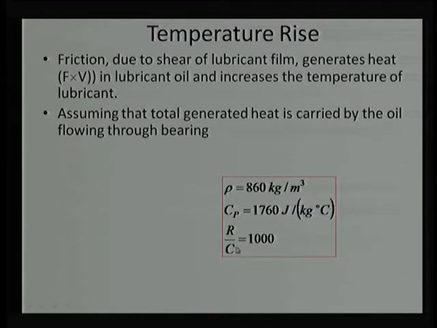Another thing we have to use is the Petrov equation. We are assuming that the shaft radius or the bearing radius is much larger than the clearance at the interface. That is also genuine, because if this ratio is not very high, the Reynolds equation cannot be used.